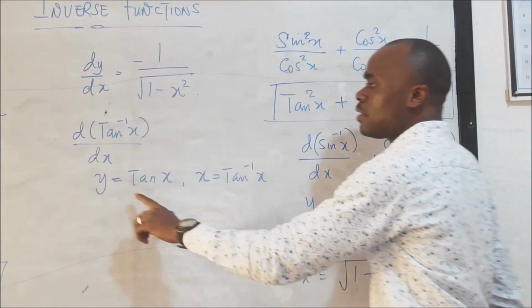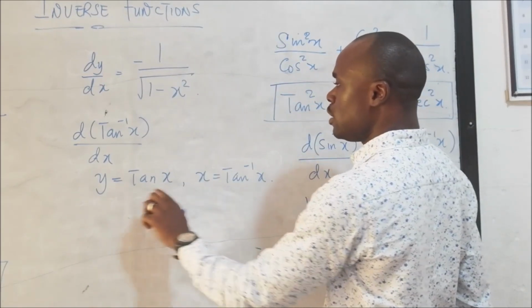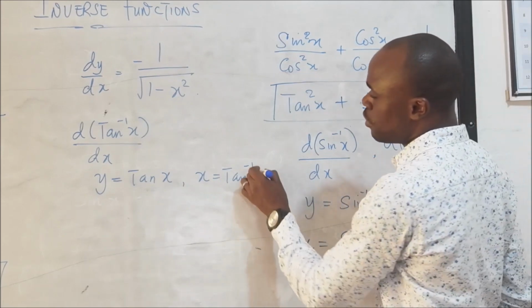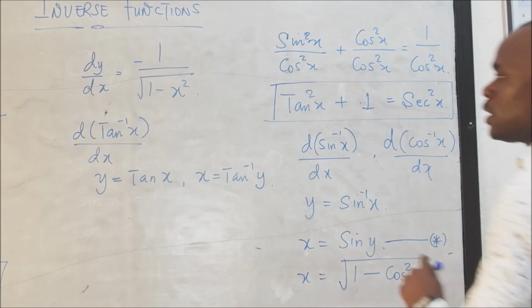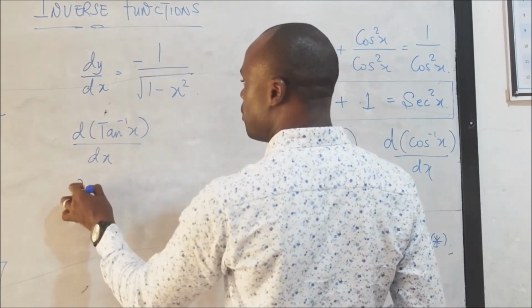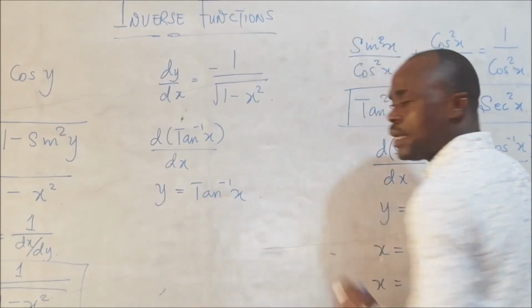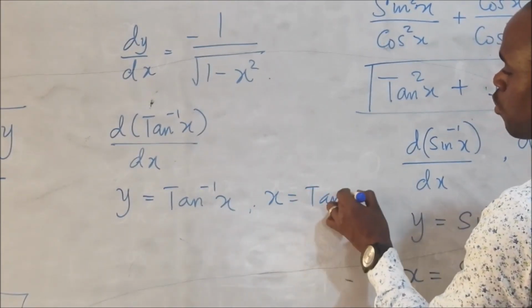If y is equal to tan inverse of x, it means that x is equal to tan y.